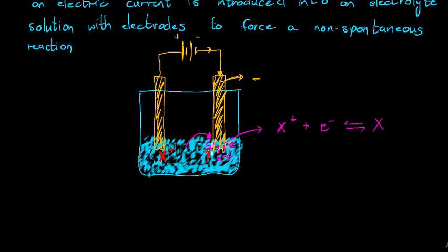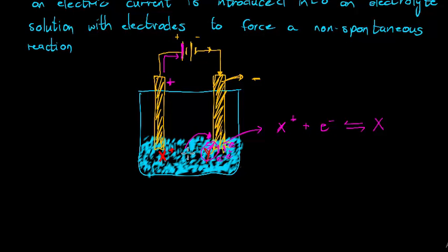But now what happens is that the anions, because they are negatively charged, are attracted to the other side of the circuit. Electrons are coming from this point, being attracted to the positive charges. So this becomes a positively charged electrode, and this is a negatively charged electrode.